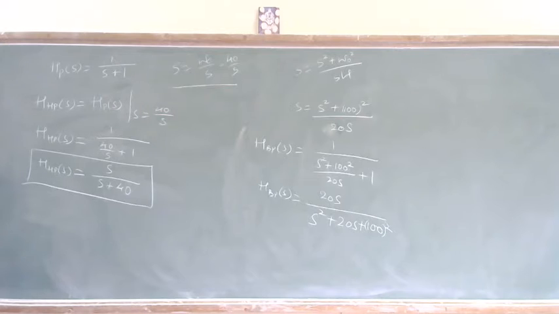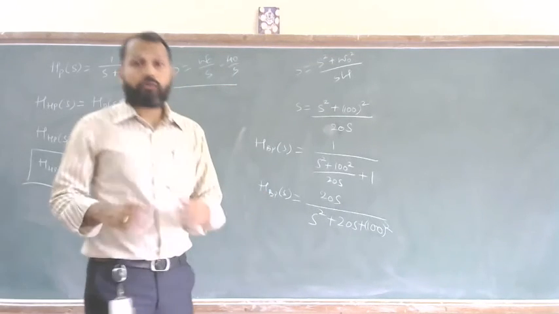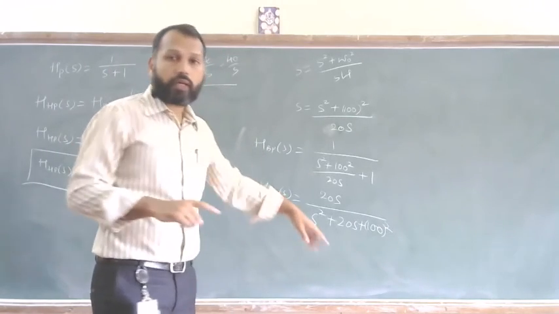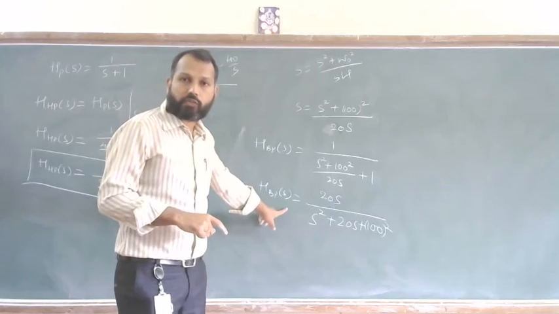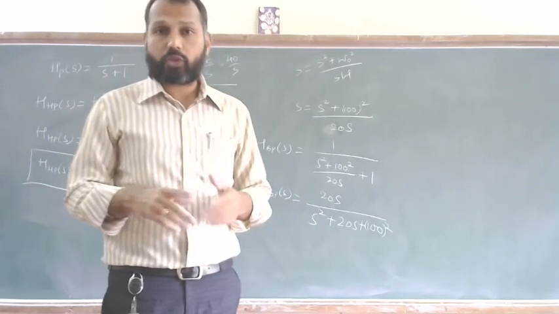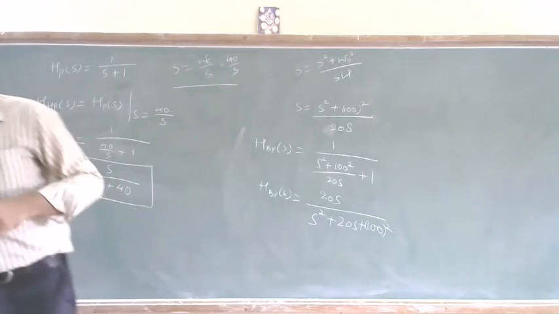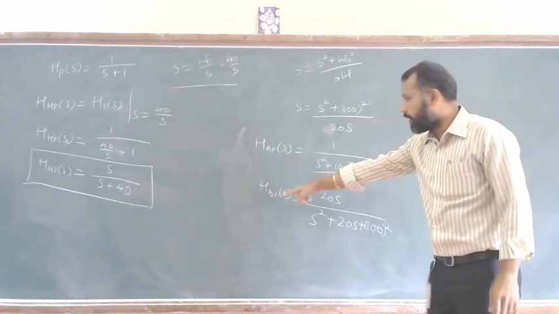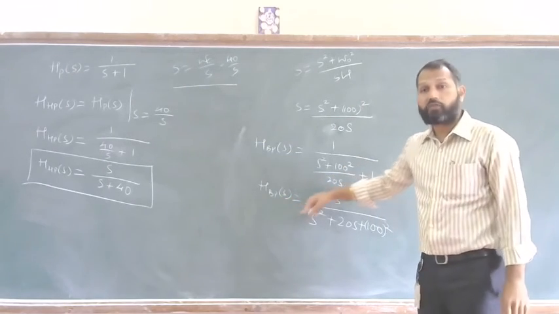Yes, sir. Okay. Now again, for this transfer function, we have to take the magnitude response value and keep on substituting. You can obtain the frequency response by substituting S equals j omega. Here we have HP of S and HBP of S, these are the transfer functions.